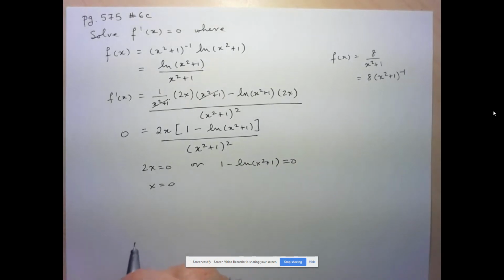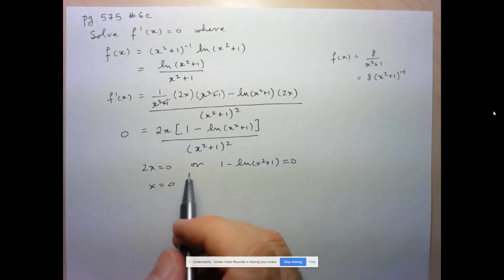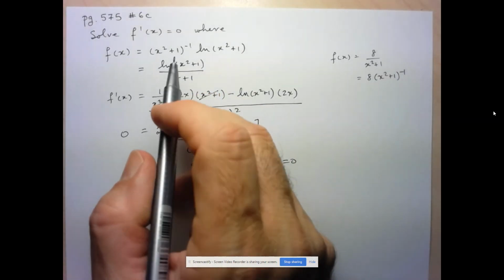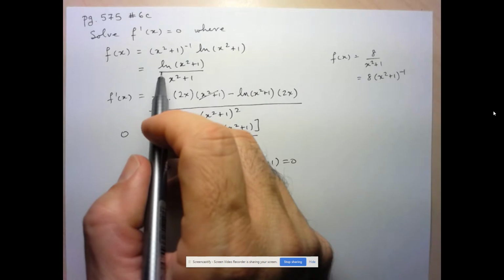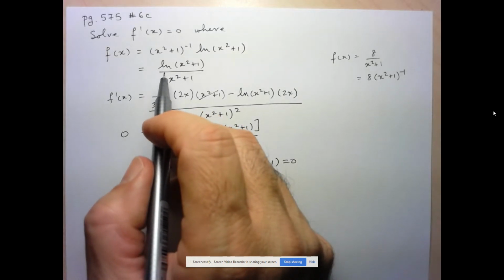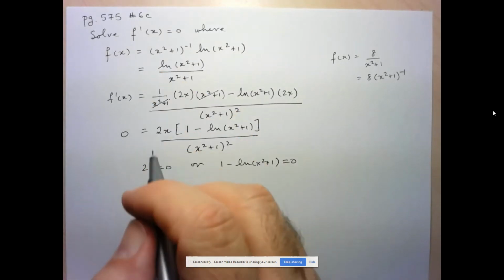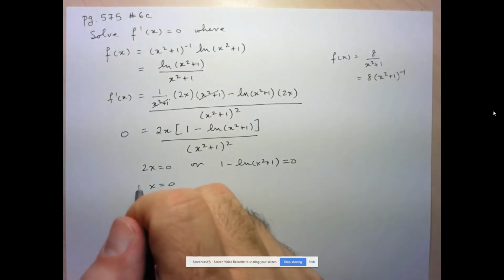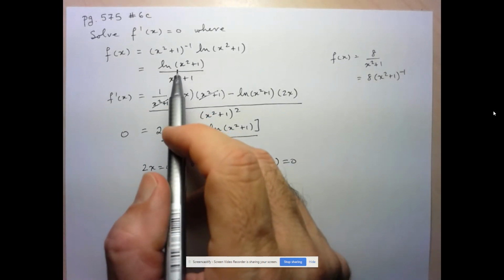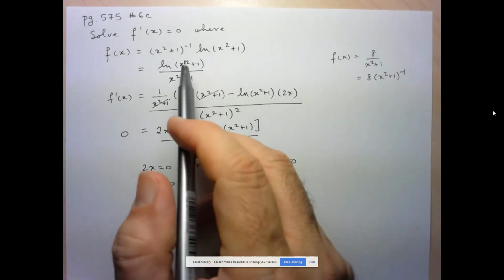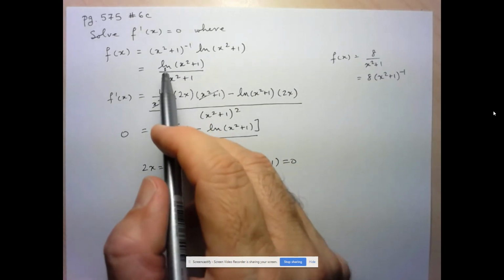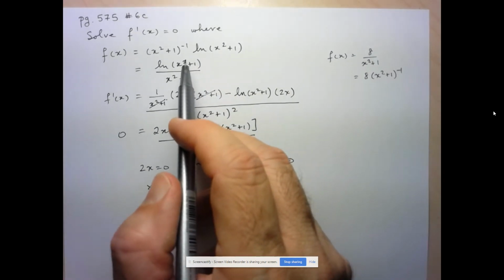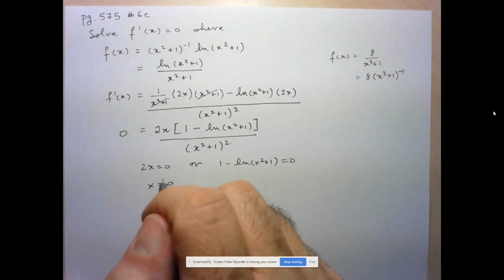Okay, however, when I look back at my original expression, why am I doing that? Because my original expression has a logarithm in it. And you always have to check that any answer you get satisfies the original equation. However, here, I'm not going to have any problem because when I stick in x equals 0, I have ln of 1, and that's defined. Okay, just remember to always check.